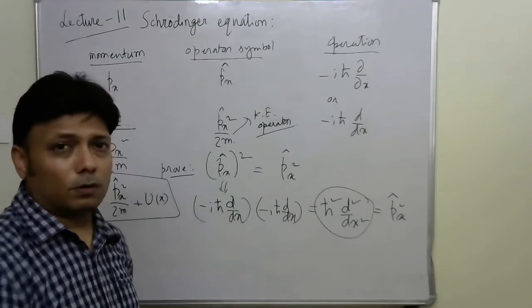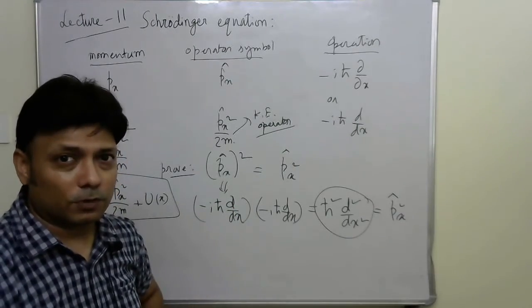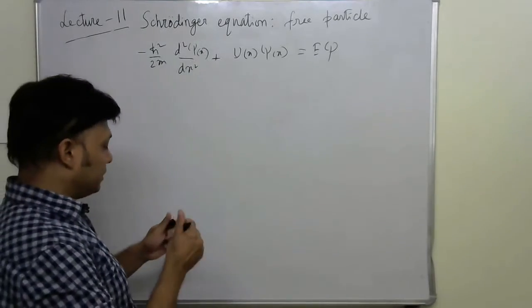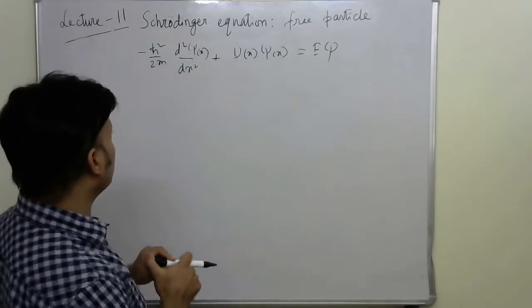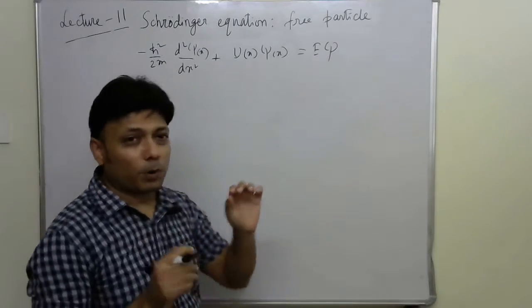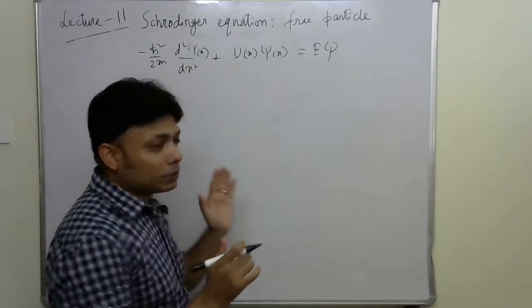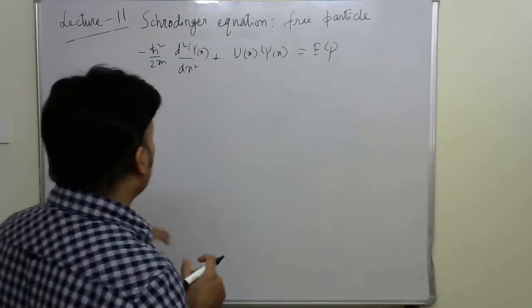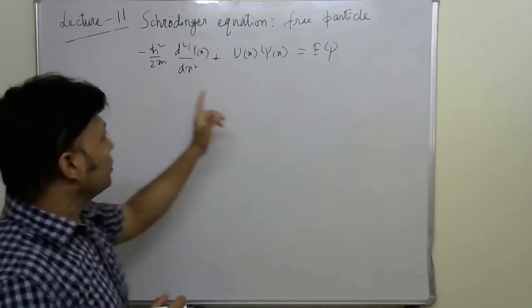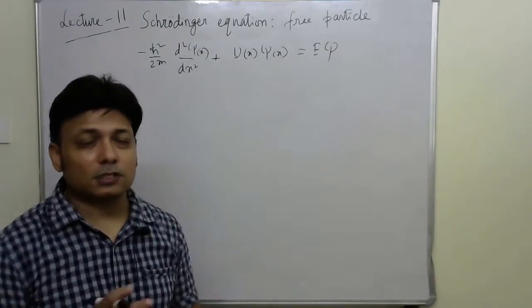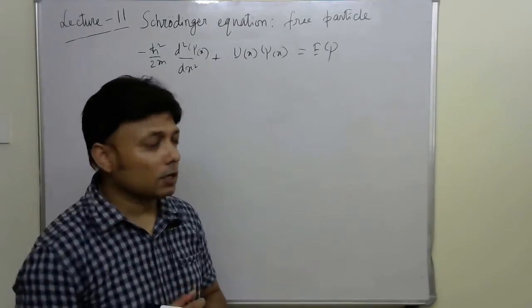Okay, so let's continue. We start again with the same Schrodinger equation. Once again, this is the Schrodinger equation for a particle moving in one dimension under the potential field U(x). So now the question is: is it a Schrodinger equation of a free particle moving in one dimension x? The simple answer is no. Why not?